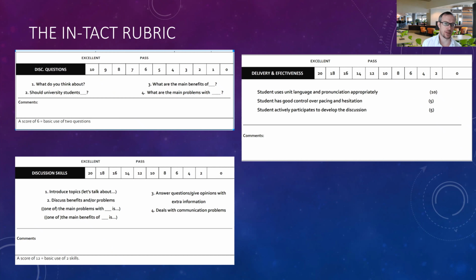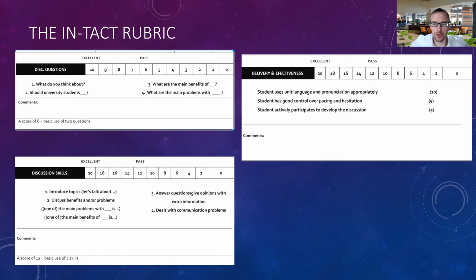There's also no detail about how accurately they use those questions, in terms of grammatical accuracy or pronunciation, but also more importantly, how well they're used within the actual discussion itself. They may just try and fire off questions, but their use may actually be quite unusual within the context of the ongoing talk. Also, 5 minutes is quite a short amount of time to try and use all of these skills.